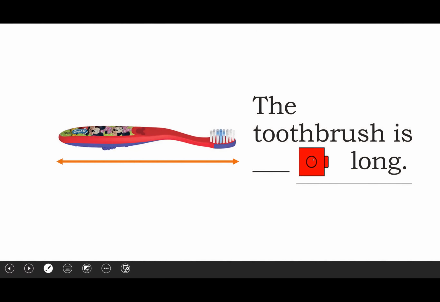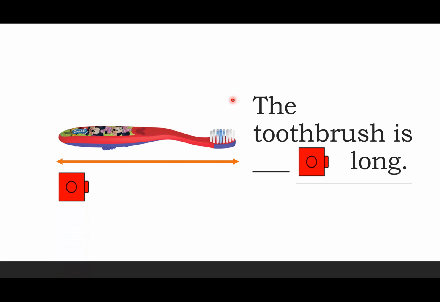Now, let's quickly solve this. The toothbrush is blank cubes long. Now you have to see how long my toothbrush is. Okay, so this is the length. So we will measure from one end all the way till the other end. I want you to count with me. Take your cubes. We are still going to use the cubes in this lesson as well. I'll place my cubes and see how long this toothbrush is.